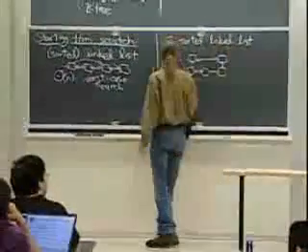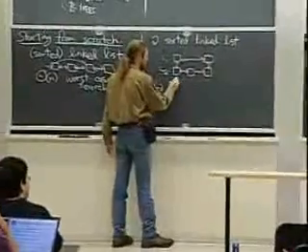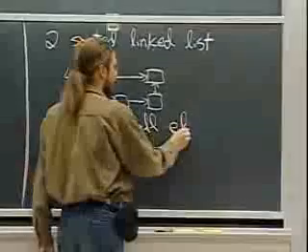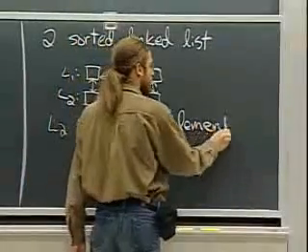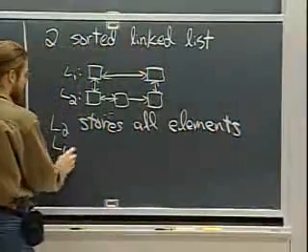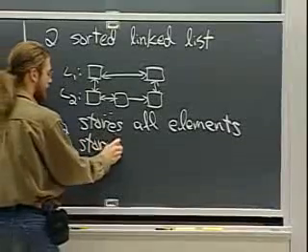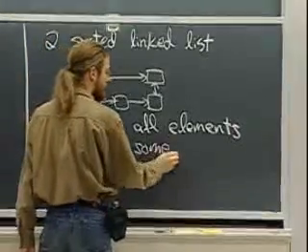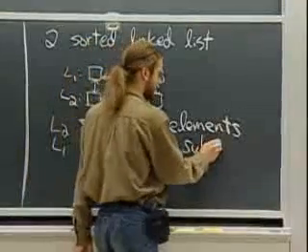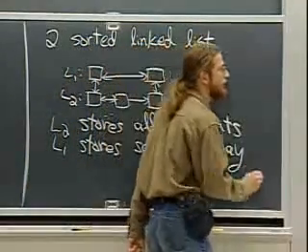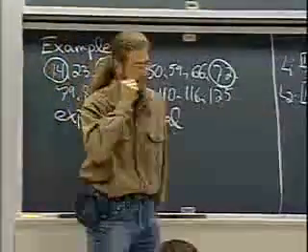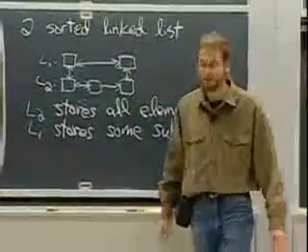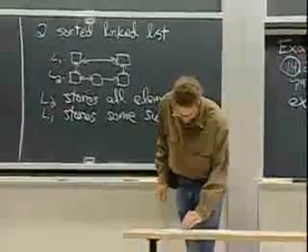So L2 stores all the elements. And L1 stores some subset. And it's still open which ones we should store. That's the one thing we need to think about. But our inspiration is from the New York subway system. Of course, we're also going to use more than two lists.